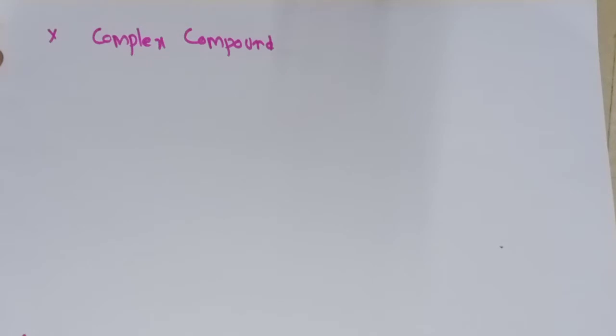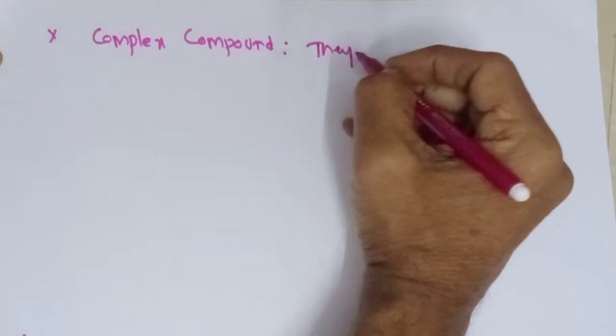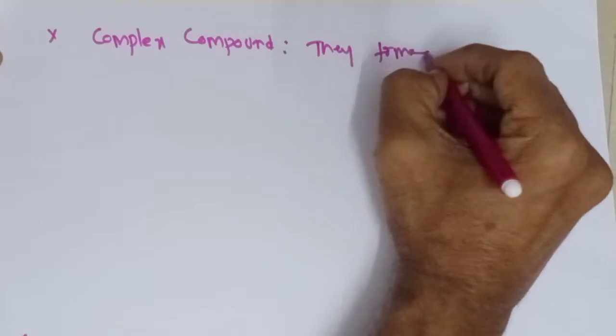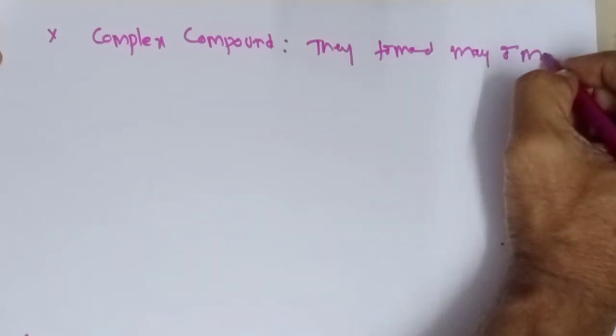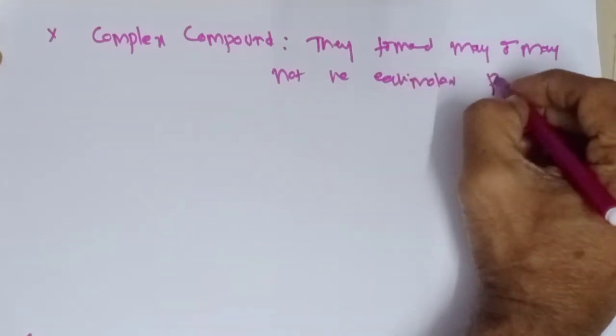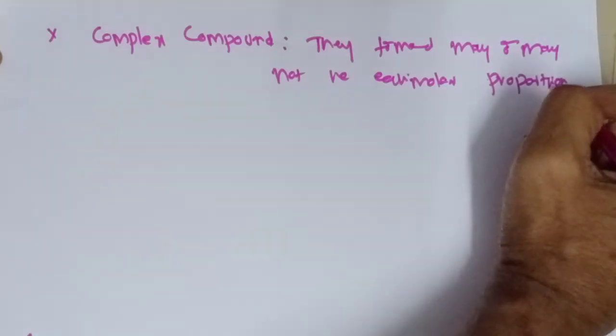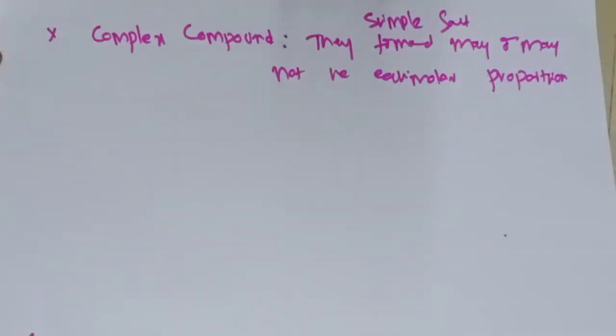But if you take a complex salt, the simple salts which form it may or may not be in equimolar proportions.